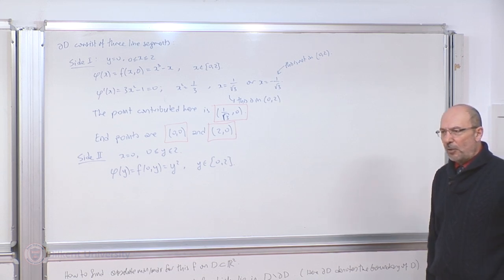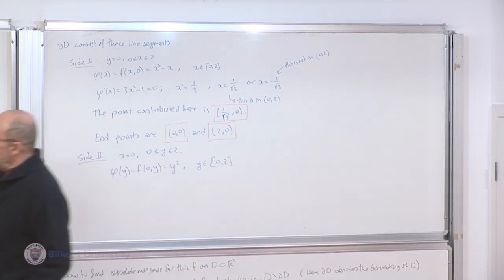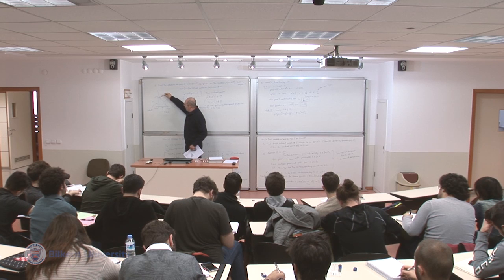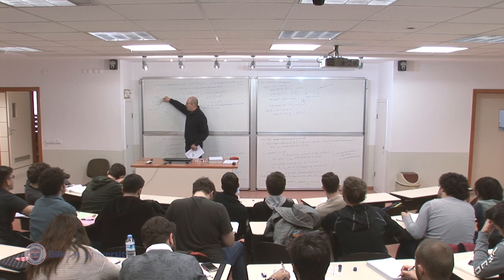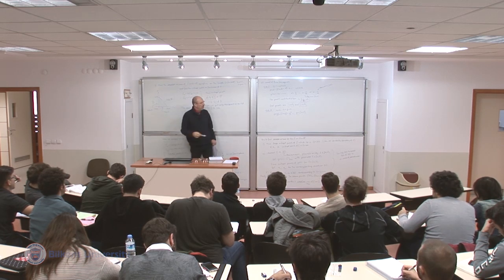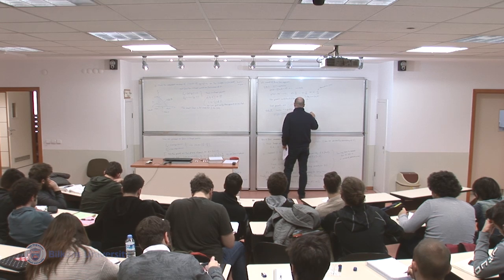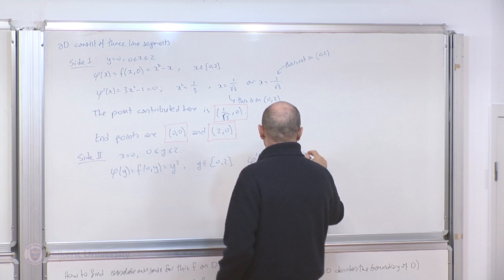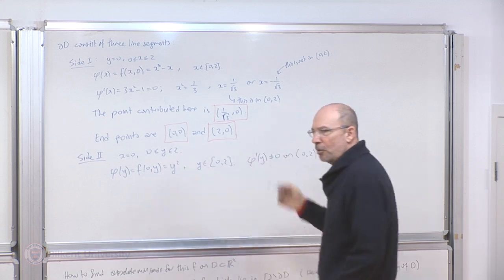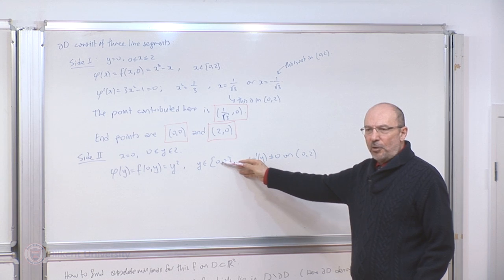You take the endpoints. Endpoints are (0, 0) and this one. This already is considered in the previous case. This is the new point. So here y prime is not 0 on (0, 2). Okay, it's 0 at 0, but the 0 will be considered as an endpoint anyway.